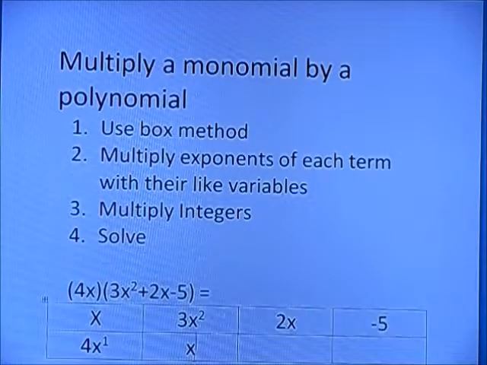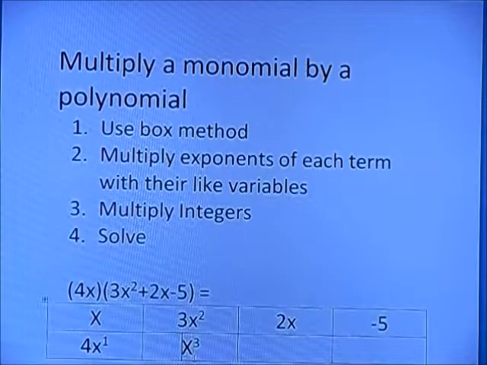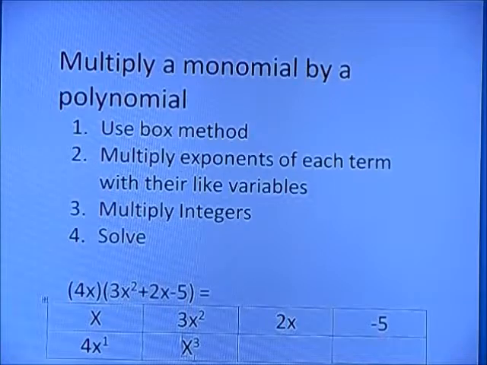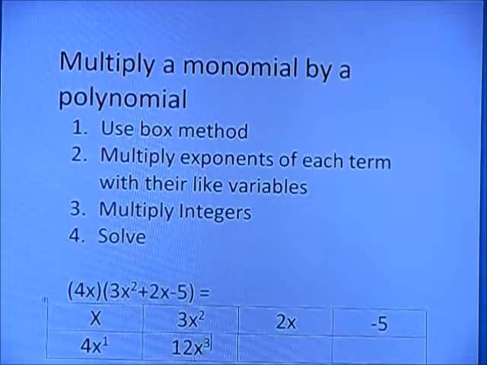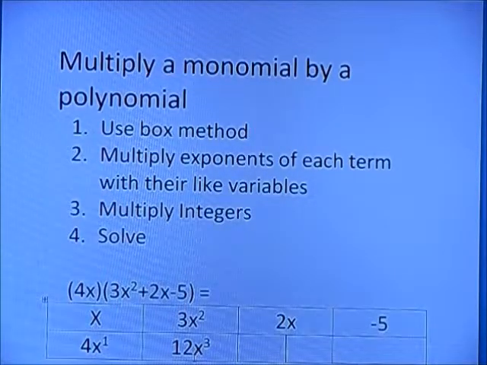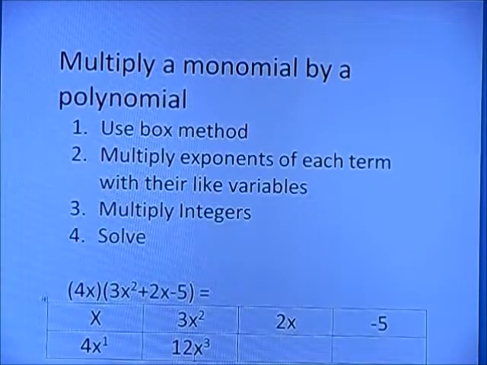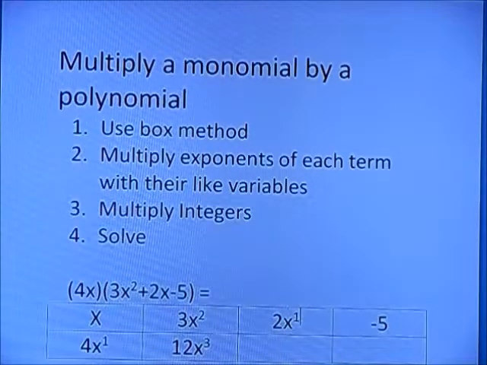x cubed. Okay? And what's 4 times 3? It's 12. So 12x cubed, and I'm going to put the plus sign in front of each of the terms. So 1 and 2x first. 1 plus 1 is what? It's 2.